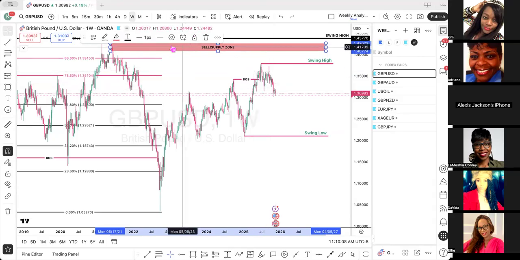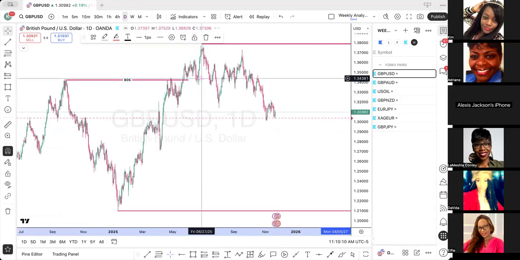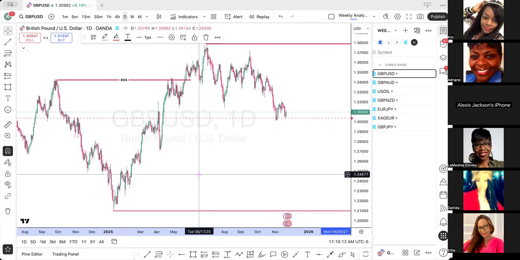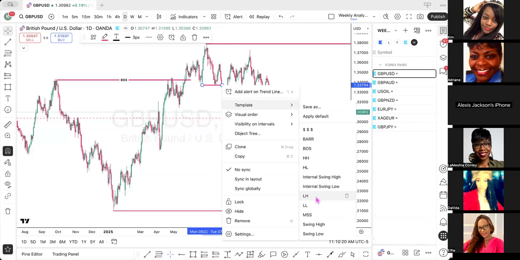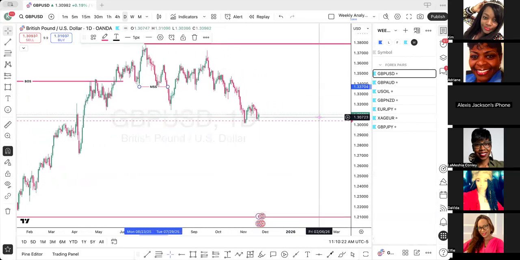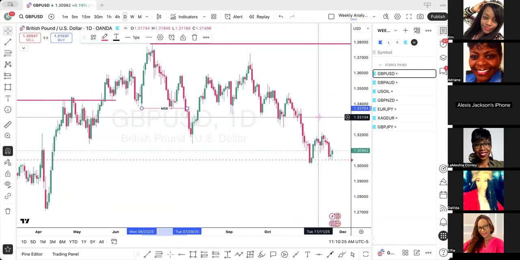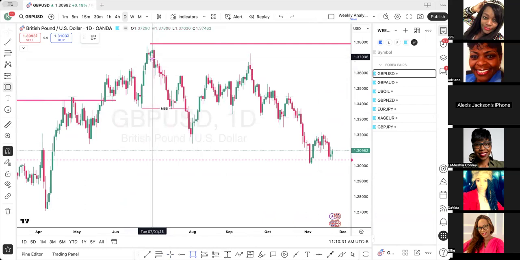So let's go down to our daily and let's look for our market structure shift, which happened here. Once you get a shift or a break of structure, you know price is going to pull back. So you look for your supply or demand zone.